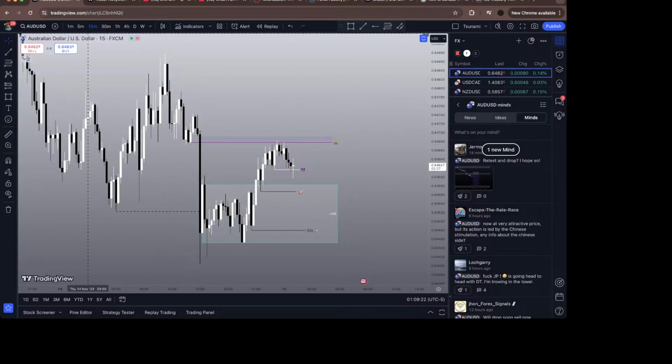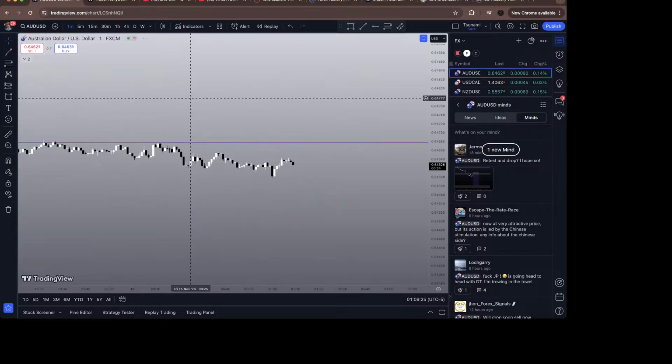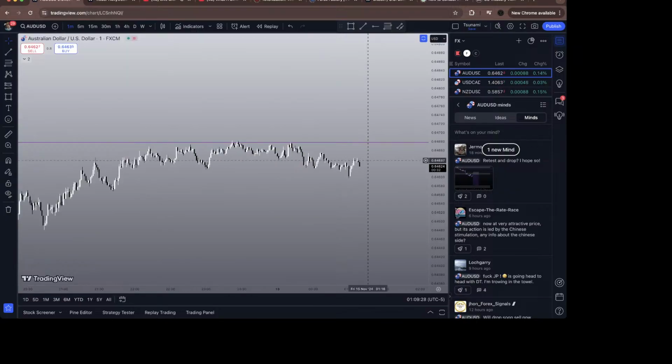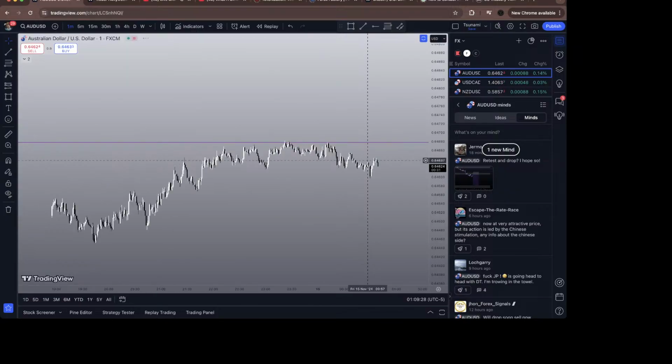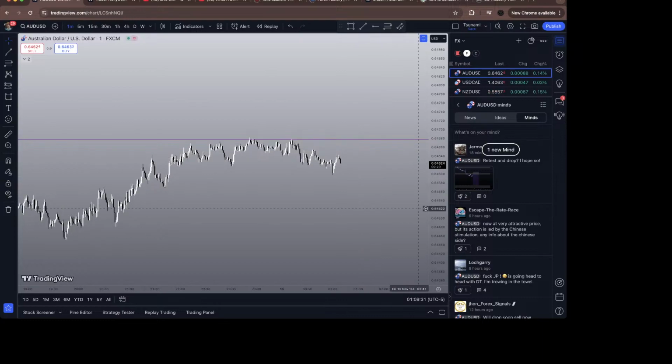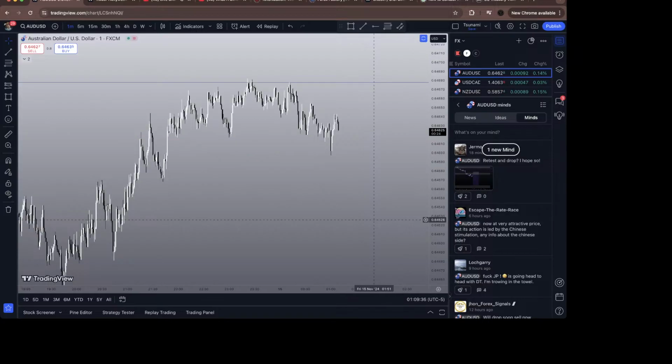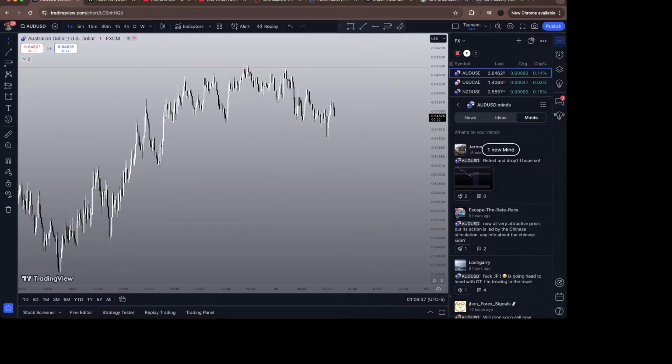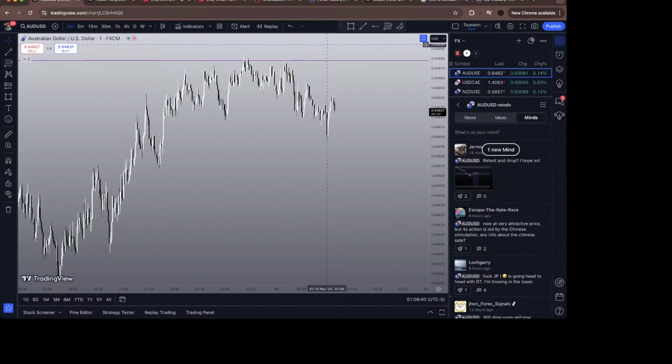If we came down to the lower time frame, I may say, right, this was below that 15-minute candle, which is here. This is the guy responsible for guarding this level.